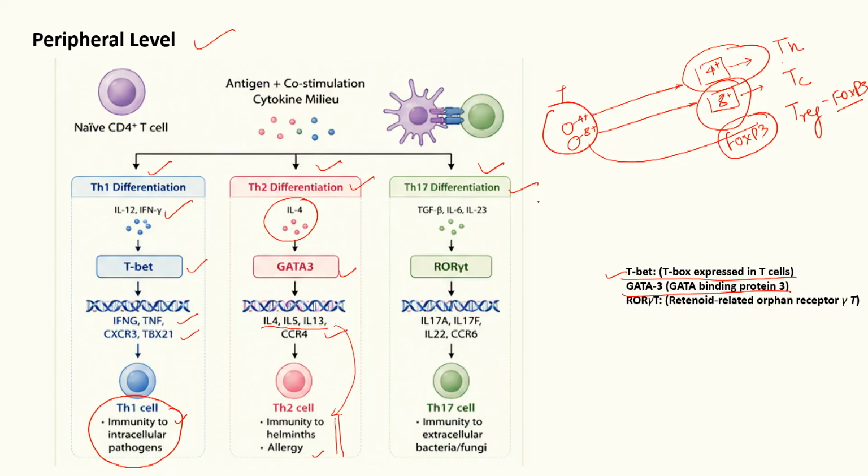So Th17 is differentiated because of the expression of transforming growth factor beta, IL-6 and IL-23. So these cytokines are different as compared to Th2 and Th1.